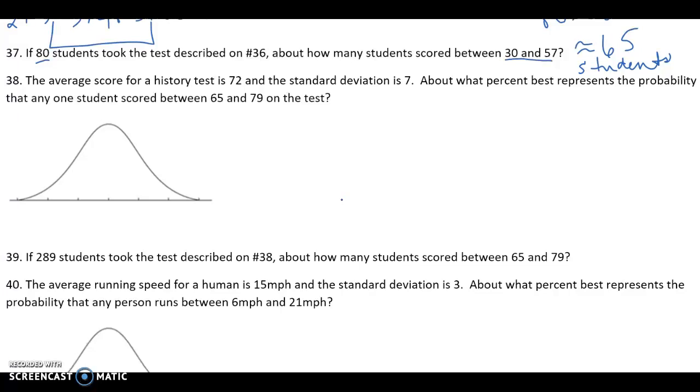Number 38. The average score of a history test is 72. Standard deviation is 7. What percent best represents the probability any one student scores between a 65 and a 79? So I got a 72. 72 plus 7 will be 79.